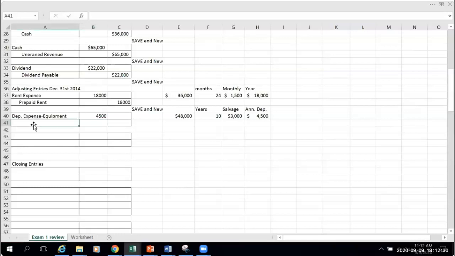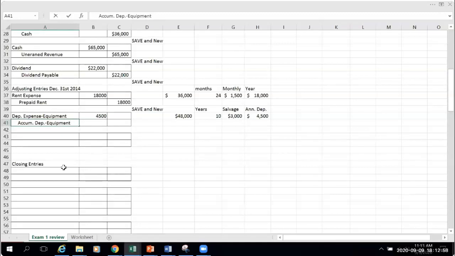The next one, let's do some indent. It is accumulated depreciation dash equipment.